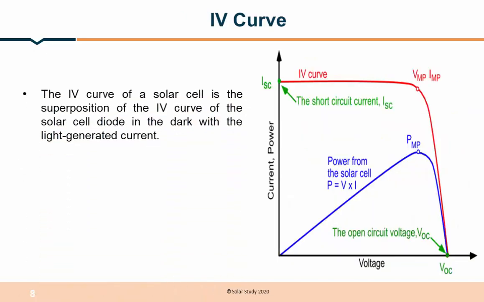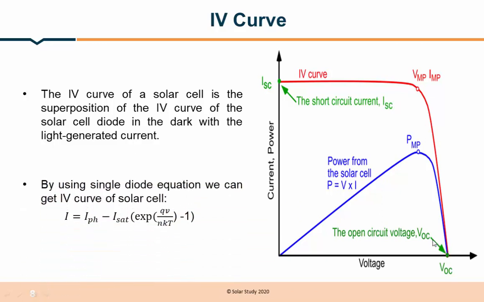Now we will see the IV curve of the solar cell, because if we know the IV curve of the solar cell, the same applies to the solar panel. In this image you can see the IV curve. I will tell you what it depends on. First of all, it depends on the intensity of light. The IV curve contains the voltage and current.